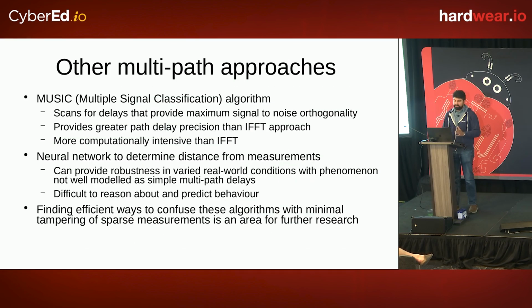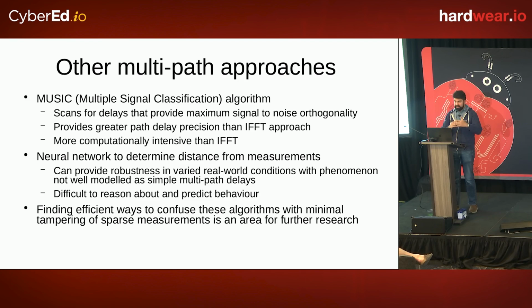Now, there are other approaches that are better than the inverse FFT of the sparse frequency response. One of the most notable is something called the multiple signal classification algorithm. And the idea there is that you create a model of how the delays impact the signal, and you treat the different measurements as a different sensor. So with your model, you can predict what should be measured at the different frequencies you're measuring at if the delays were as such.